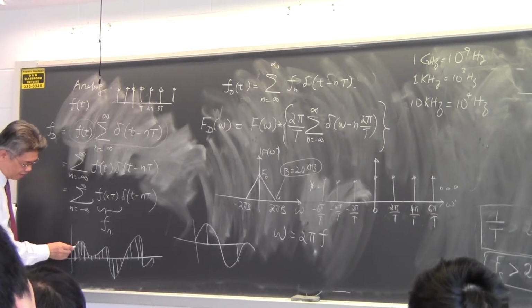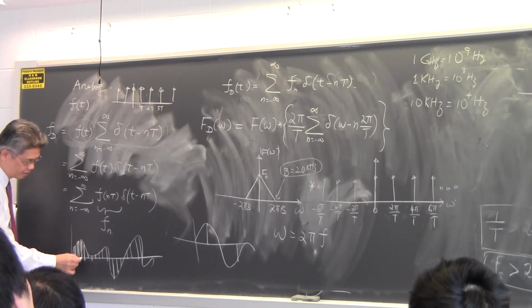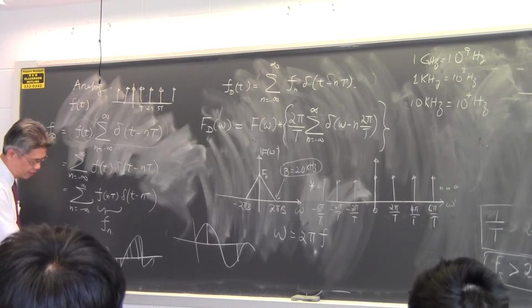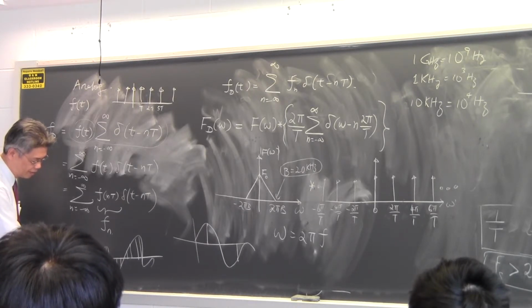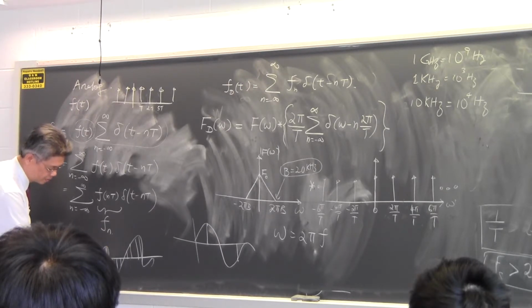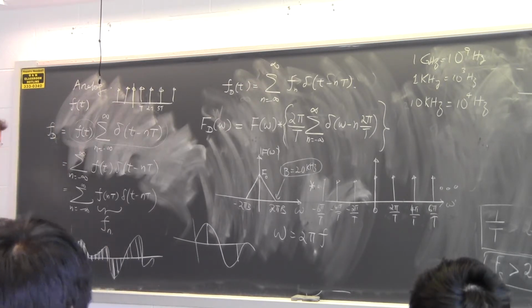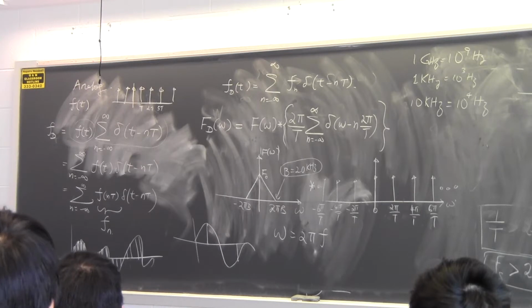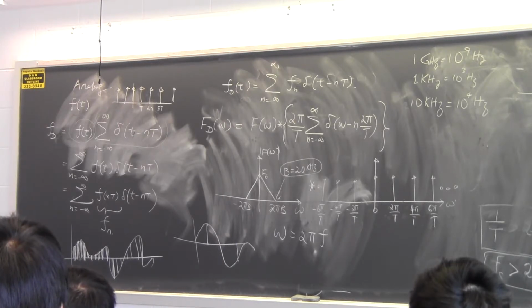You can think of it as a pulse of a certain width rather than a pulse of zero width. Because if you have a true delta function, you actually have to have a pulse of zero width. And we don't have to be that idealized in the real world. We can make these impulses fat, having a finite width. What does that do?